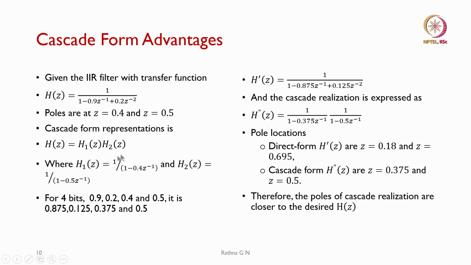That is the reason why we use the cascade form compared to the direct form. You see that the poles are nearer. The cascade realization poles are closer to the desired impulse response in the Z domain.